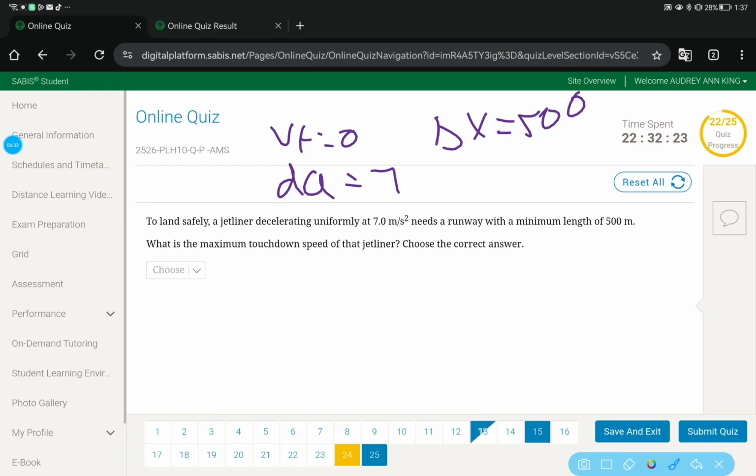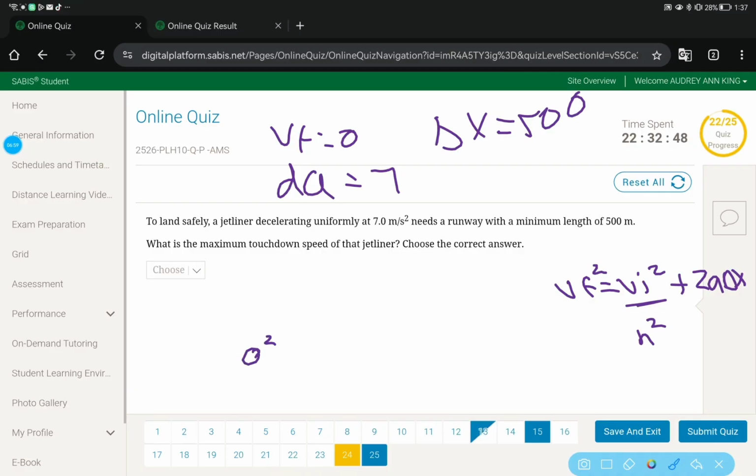So we can use the formula velocity final squared equals initial velocity squared plus 2 times acceleration times delta x. We need to find the initial velocity, so I'm going to call this one h squared.